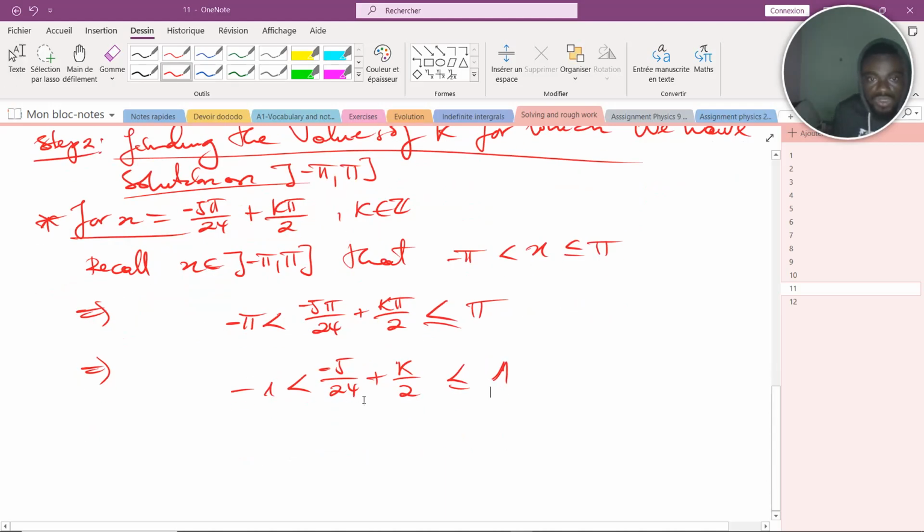So let's continue. Now, I need to add 5 on 24 on each part of the inequality to remove it from here. So I'll have minus 1 plus 5 on 24 here, and minus 5 on 24 plus k on 2 plus 5 on 24 less than or equals to 1 plus 5 on 24.